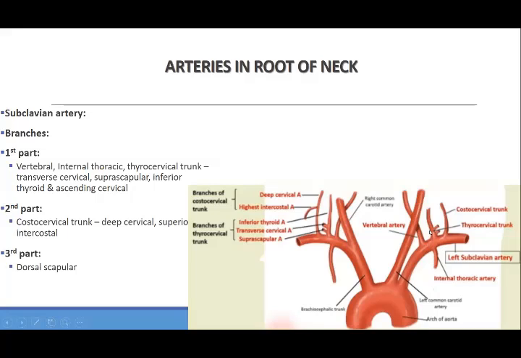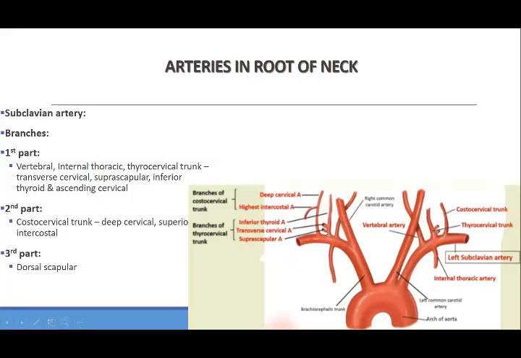And the third part से thyrocervical trunk rise करती है. यहाँ पे भी दिखा दूँ, as vertebral artery ascending from the superior surface, internal thoracic, internal mammary artery from the inferior surface of the first part, going into the thorax, does not give any branch in the neck. Internal thoracic की बात कर रहे हैं. ठीक है. Third part ये है.